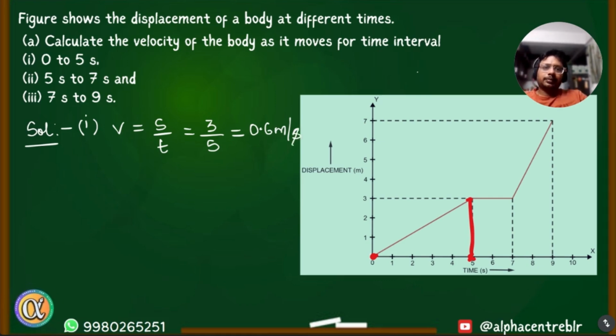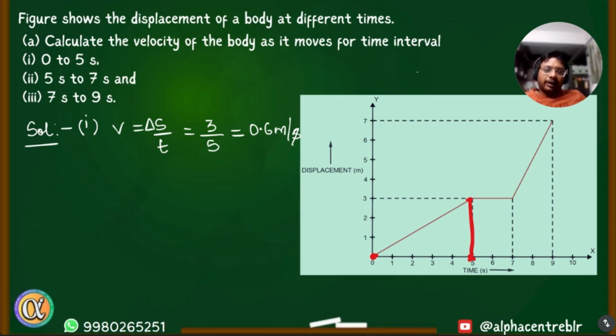I hope that's fine. Yes, sir. Okay, quickly. 5 to 7 seconds. What is the displacement in 5 to 7 seconds? 3. It's not 3. 5 to 7. What is the change in displacement? So it's not moving, I guess.